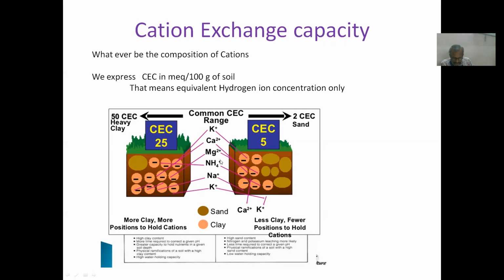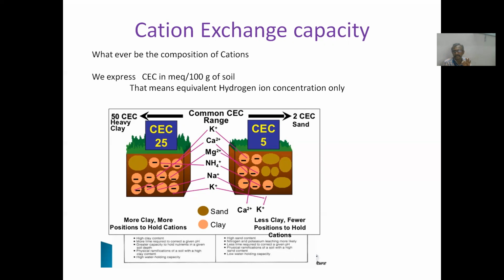When we express cation exchange capacity, we do not express it in terms of each kind of cation. We find out the concentration of each, potassium, calcium, magnesium, and each of them is converted into equivalent hydrogen ion mass, and it is expressed. So that should be recalled.